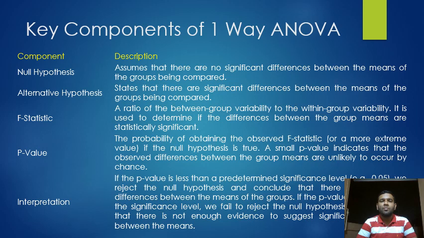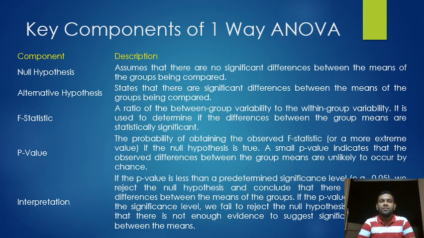The p-value is the probability of obtaining the observed F statistic, or a more extreme value, if the null hypothesis is true. A small p-value indicates that the observed differences between the group means are unlikely to occur by chance.